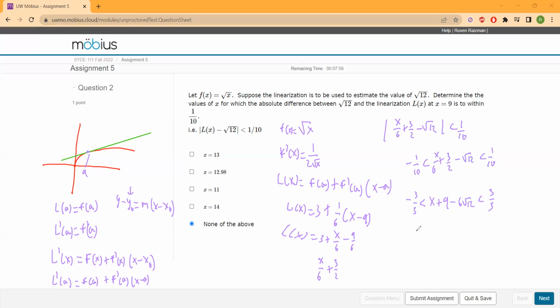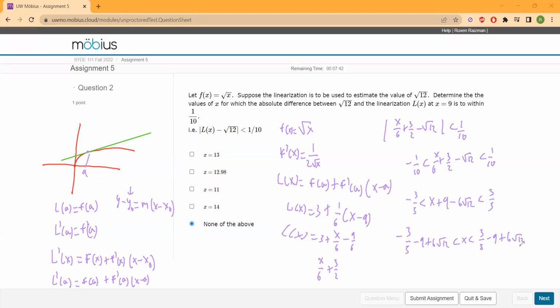Then I'm just going to bring everything over, so it's going to be negative 3 over 5 minus 9 plus 6 root 12. x is going to be bigger than that, but smaller than 3 over 5 minus 9 plus 6 root 12.